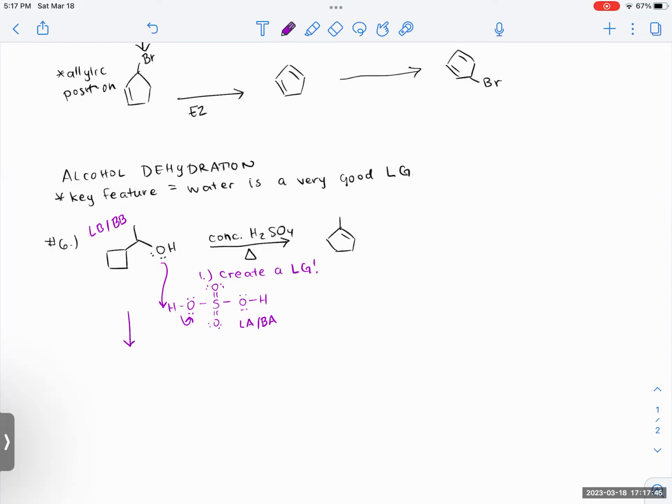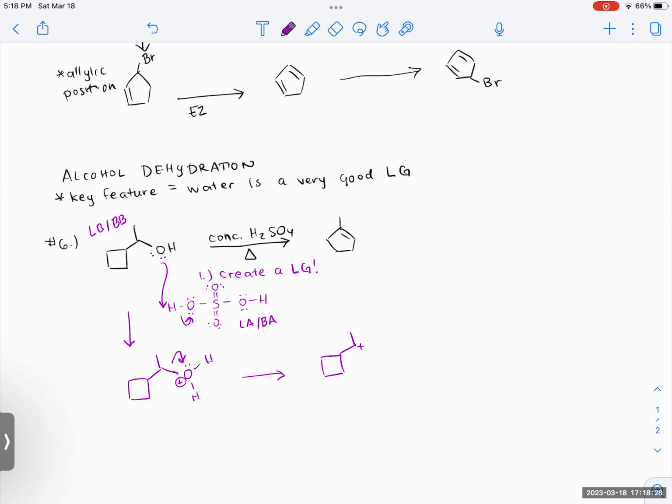Now we're going to redraw our picture. For this step, now we have water instead of alcohol. And the water is basically just going to be like, I'm out of here, and it's going to leave. That's all you do for that step. But now we have a positive charge on this carbon.